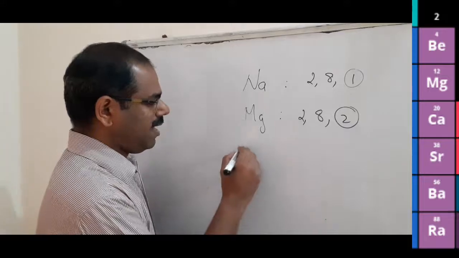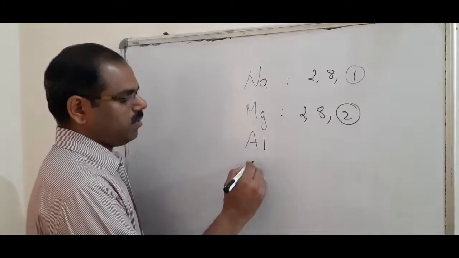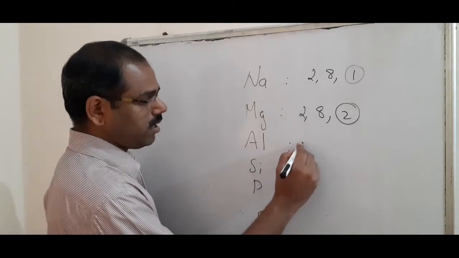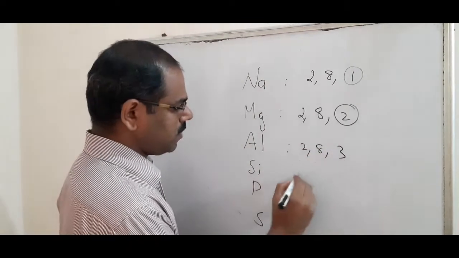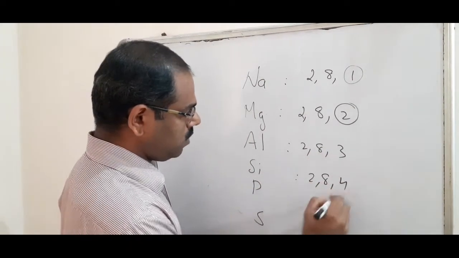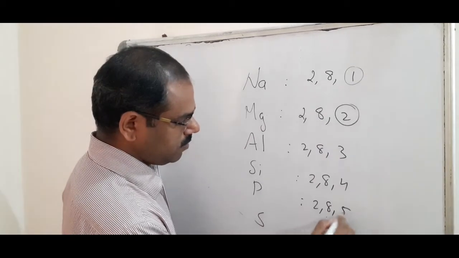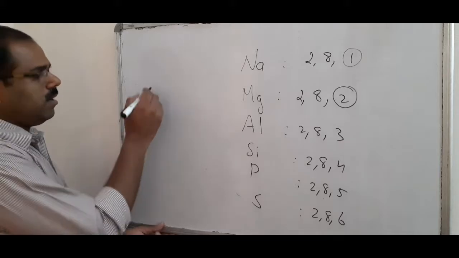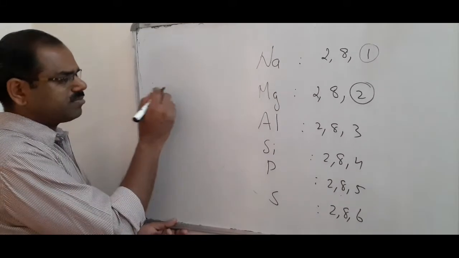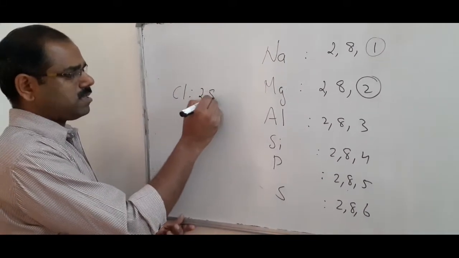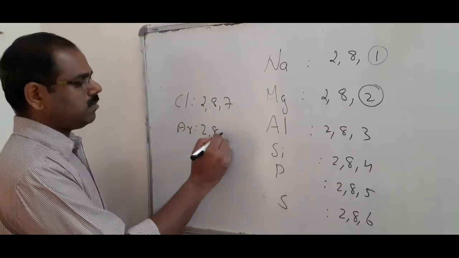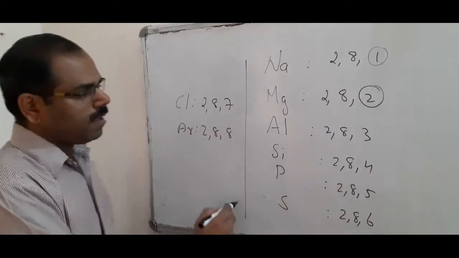And consider aluminium, silicon, phosphorus and sulfur. Here you can write 2, 8, 3, 2, 8, 4, 2, 8, 5 and 2, 8, 6. Or also you can consider chlorine, 2, 8, 7, or argon, 2, 8, 8.